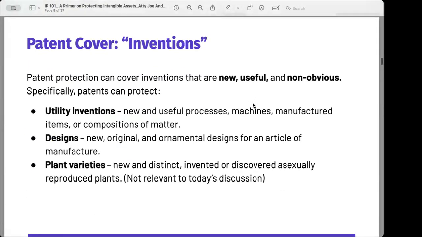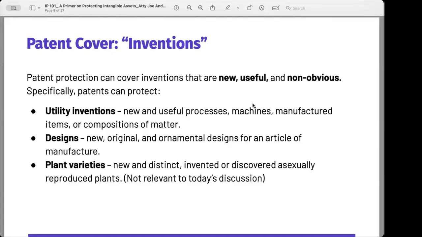They're for new, useful, and non-obvious inventions. So it has to have that kind of, hey, nobody's ever done this before. Nobody thought of this. Sometimes it could be incredibly complex that nobody thought of it, and sometimes it can be incredibly easy. Just like, oh, wow, the light bulb goes off and you've got a great idea.